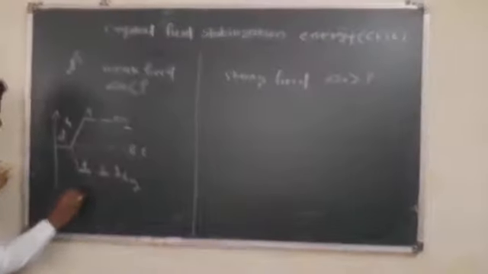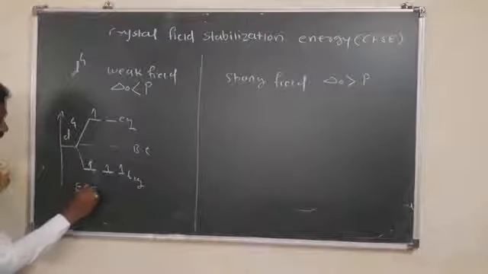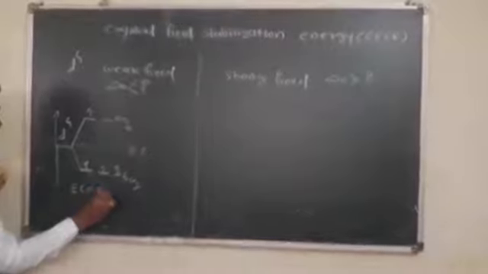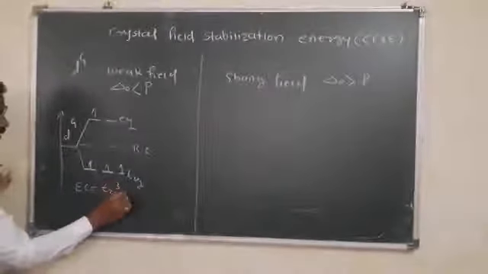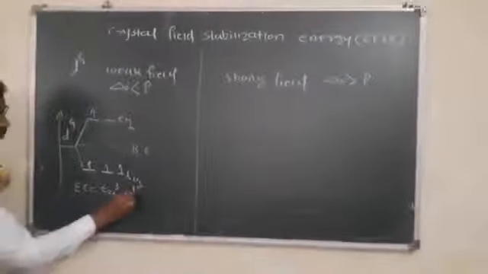And therefore the electron configuration is t2g 3 and eg 1.